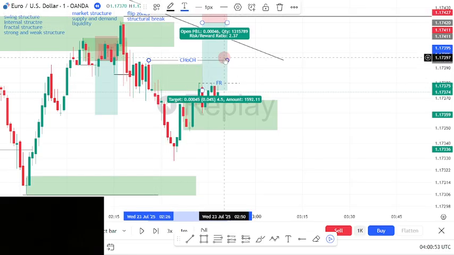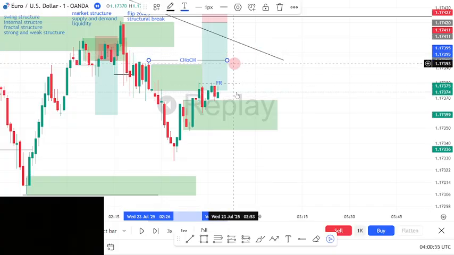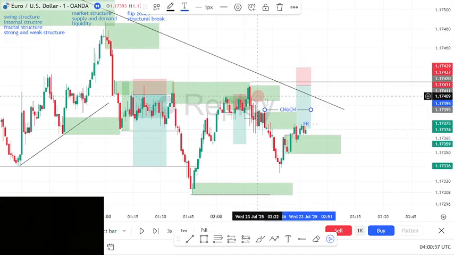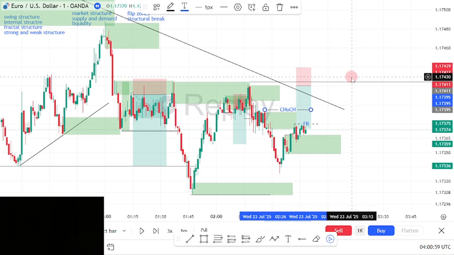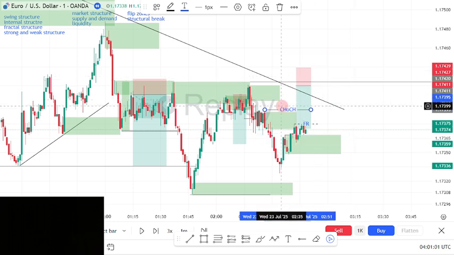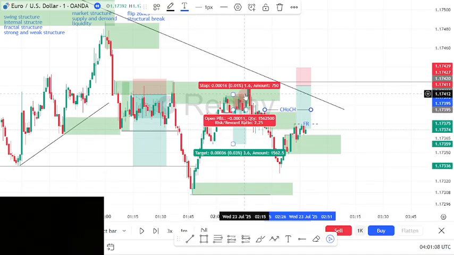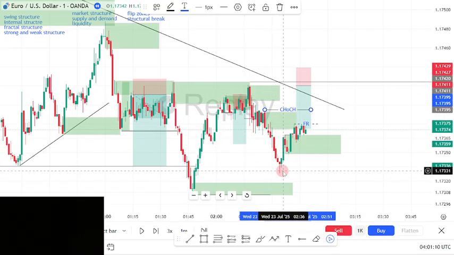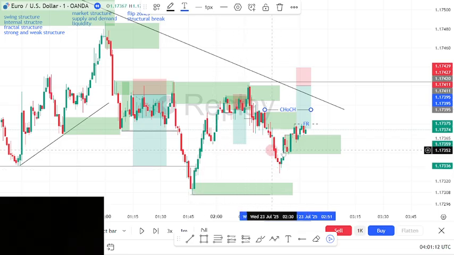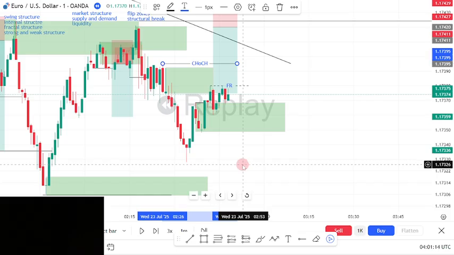So when price breaks this one, it will be our change of character, which will signal that this internal pullback is ending, because we have this mainstream trend pullback. We are expecting continuation, which led to a break or a failure of demand.